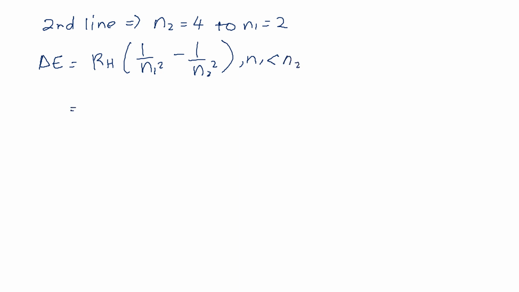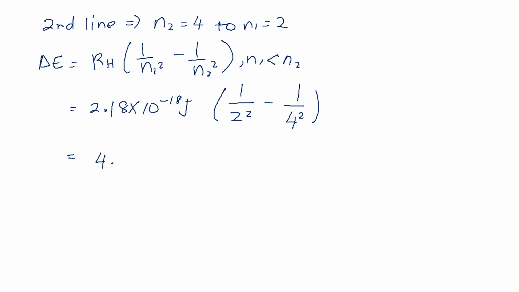So we can substitute. The RH to calculate the energy is 2.18 times 10 to the power of negative 18 joules, times 1 over 2 square minus 1 over 4 square. So we will get the value of energy equals 4.0875 times 10 to the power of negative 19 joules. This is one of the ways to get the answer.